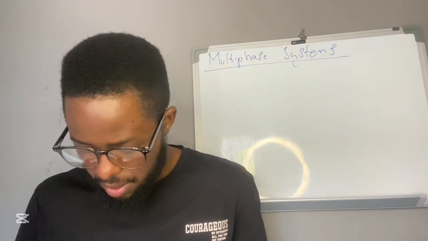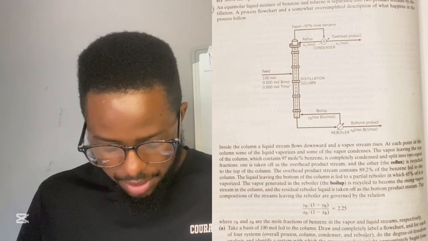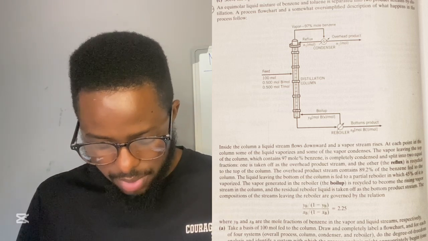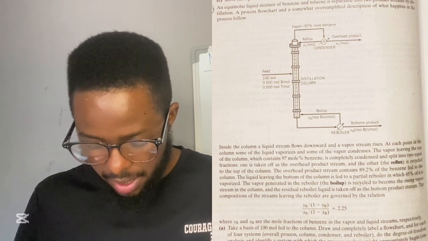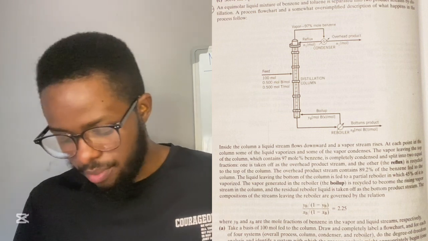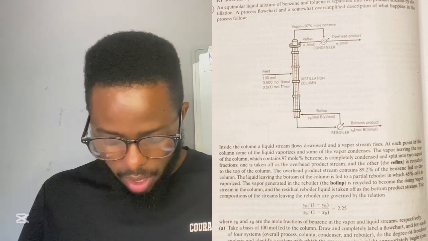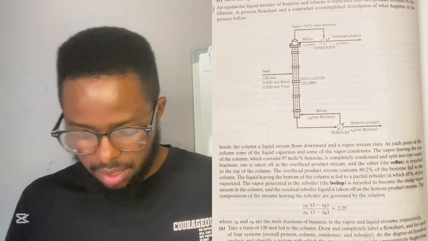The vapor generated in the reboiler is recycled to become the rising vapor stream in the column, and the residual boiler liquid is taken off as the bottom product stream. The compositions of the streams leaving the reboiler are governed by the relation.